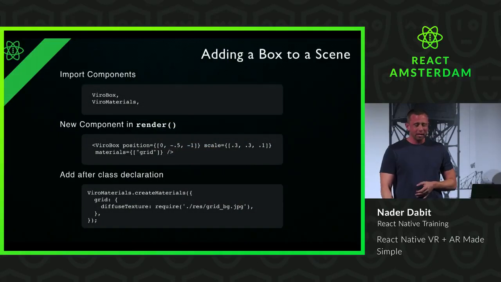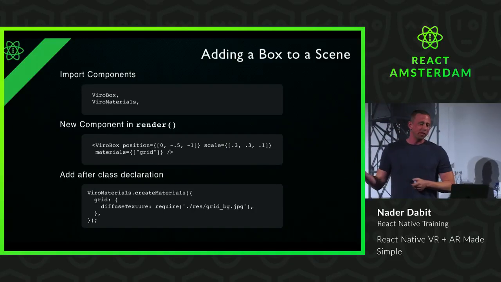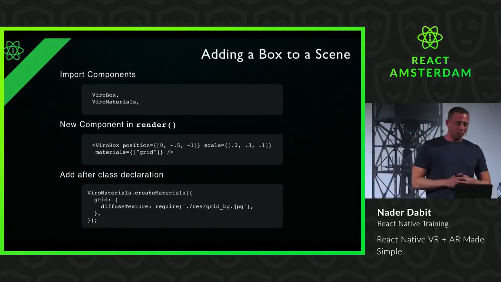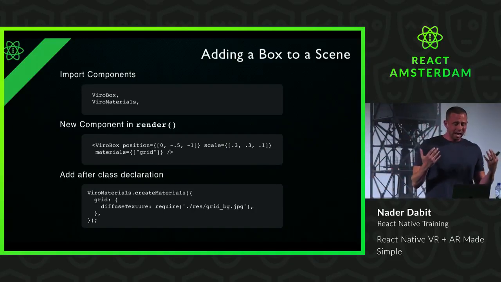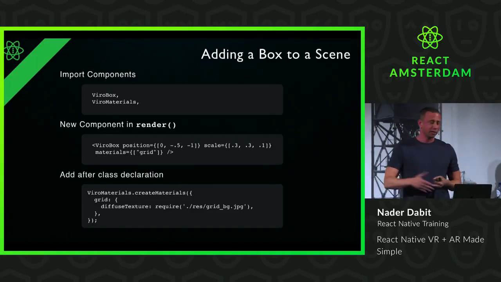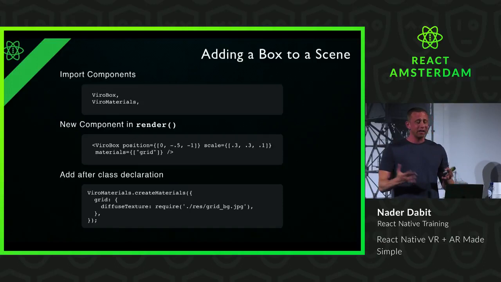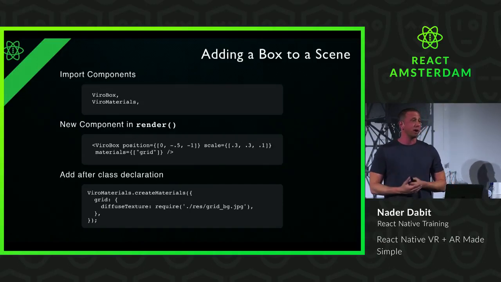So what if we wanted to add something else to the actual scene, something that's actually 3D? We're going to import Viro box, and we're going to import Viro materials. The box takes a similar type of props where we give it a position. The interesting thing that's a little different is we're passing in this materials property.